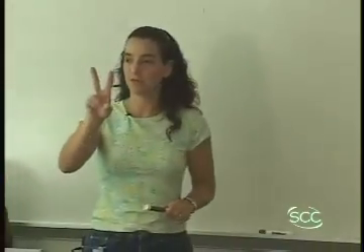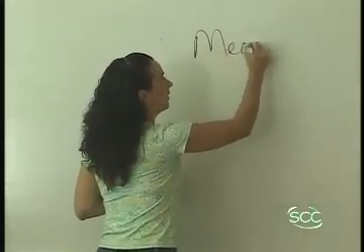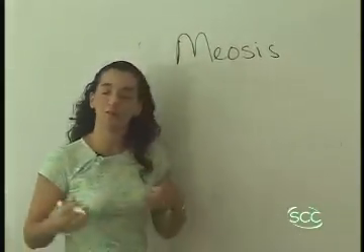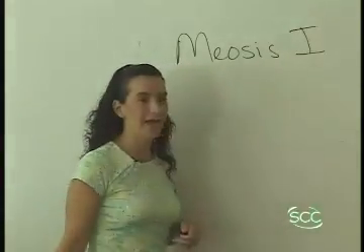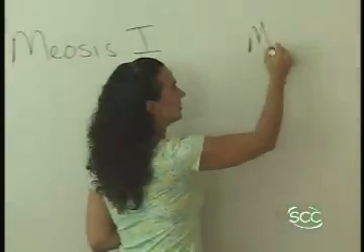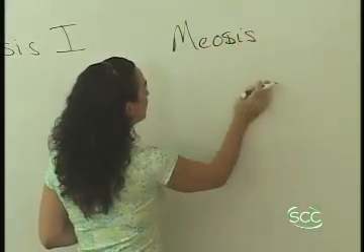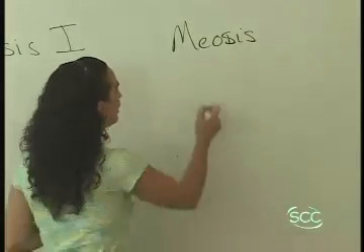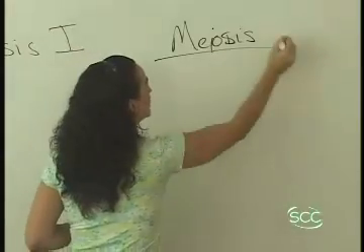Meiosis has 2 cell divisions, known as meiosis 1 and meiosis 2. Why do I feel like I'm spelling this wrong? I am. Meiosis 1 and meiosis 2.